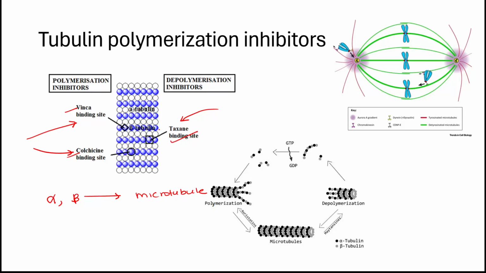Now, why do we want to do that? Microtubules are an important component for cellular division. It is an important criterion for mitosis to happen.